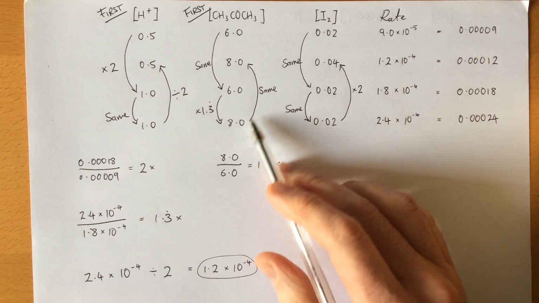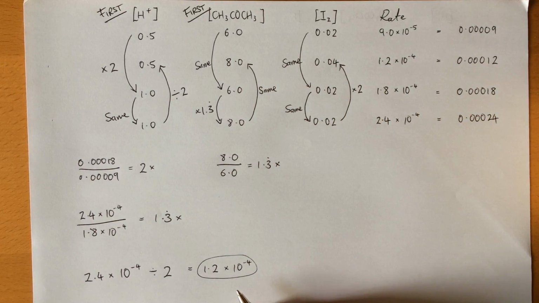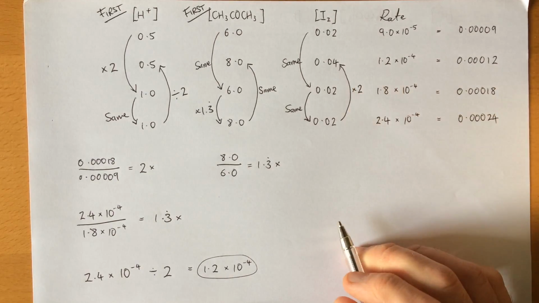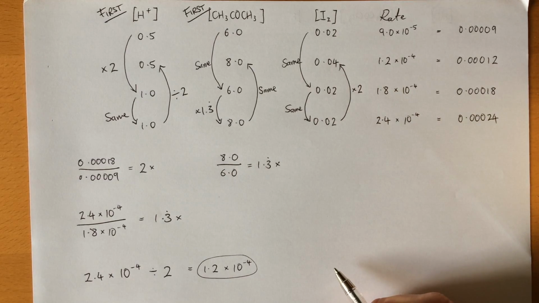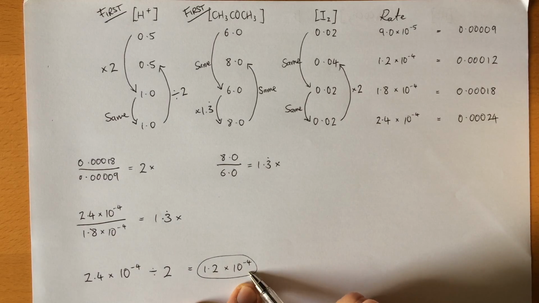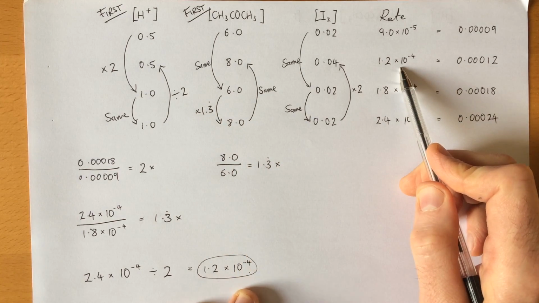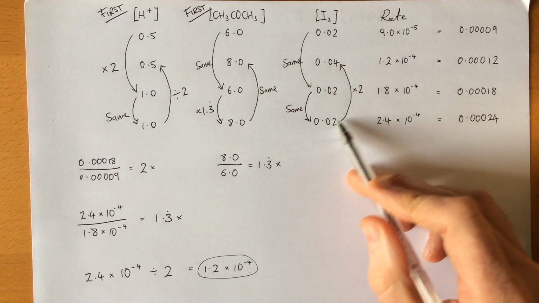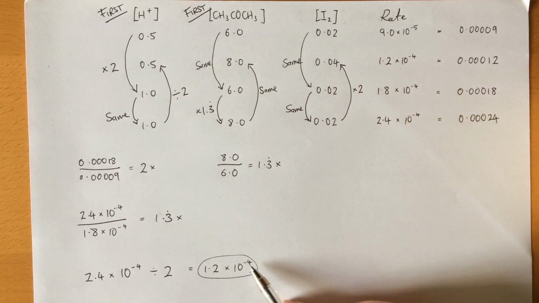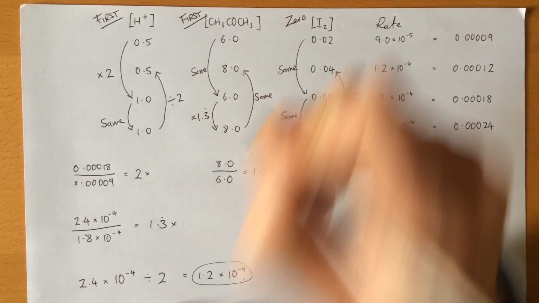We can see that the concentration of propanone is actually the same, so that won't affect the rate. So the concentration of iodine doubling from 0.02 to 0.4 will have the effect on the rate. Well, we know it should be 1.2 times 10 to the minus 4 for the effect of the hydrogen ions. And actually we can see that it's still 1.2 times 10 to the minus 4 when the concentration of iodine has increased. So increasing the concentration of iodine has had no effect on the rate. So from that we can conclude that iodine is zero order.